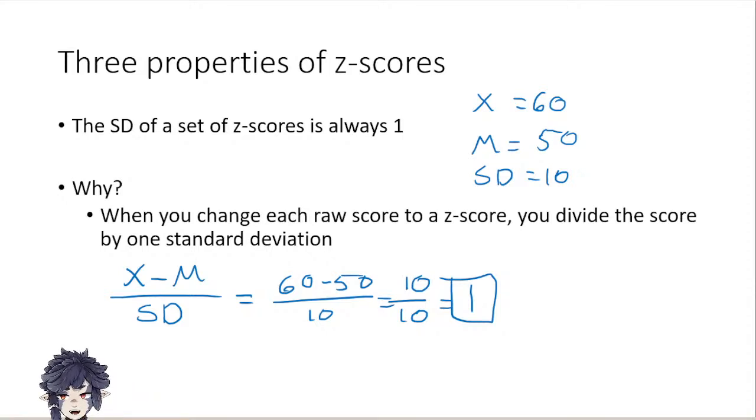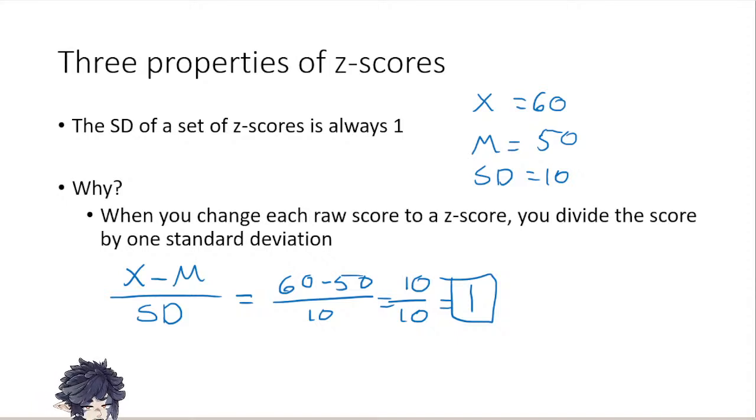Theoretically, why it's 1 is, remember, z-scores are a measurement in units of standard deviation. The base unit, like the inch or the pound or the centimeter, whatever you want to call the base unit, is 1 standard deviation. If your z-score is 1, that means you're 1 standard deviation above the mean. A z of 1 is exactly 1 unit, and the unit is a standard deviation.